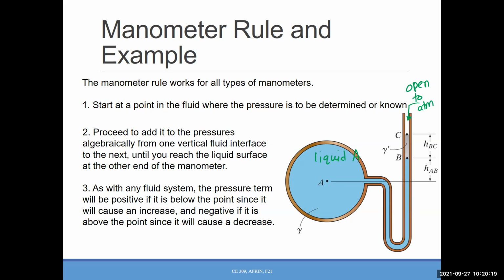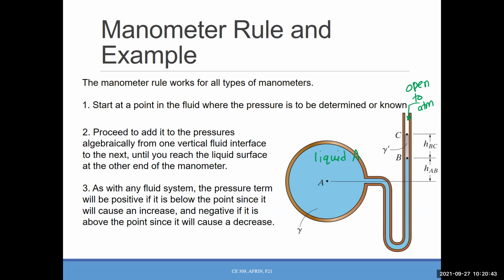Now, the very first rule of the manometer is you need to start from a point where you know the pressure or where you have to calculate the pressure. So in this setup, at which point do we already know the pressure? Point A, B, C, which point do we already know the pressure?